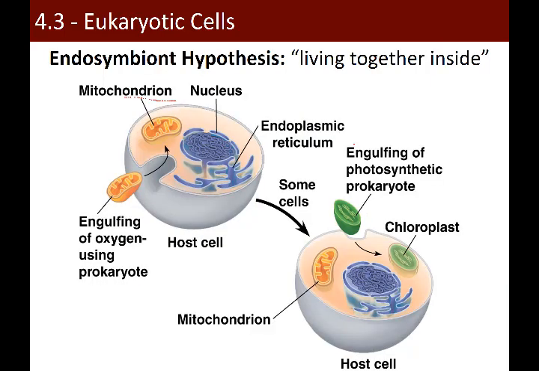So we believe that both mitochondria and chloroplasts were originally free-living organisms. They were probably free-living prokaryotes, the chloroplast arising from a photosynthetic prokaryote, and the mitochondria arising from an oxygen metabolizing prokaryote.